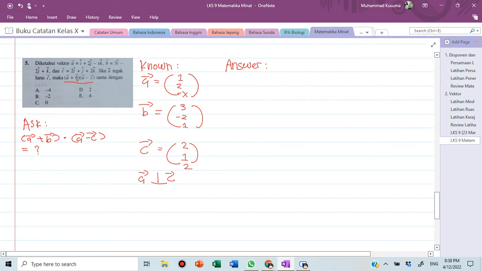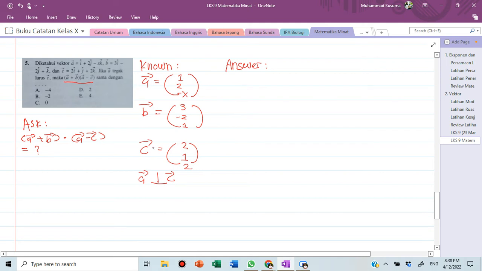Do we know all of b's coordinates? Yes, in fact we have all the coordinates. We know the x-axis coordinate, the y-axis coordinate, and the z-axis coordinate. We have known all the coordinates.